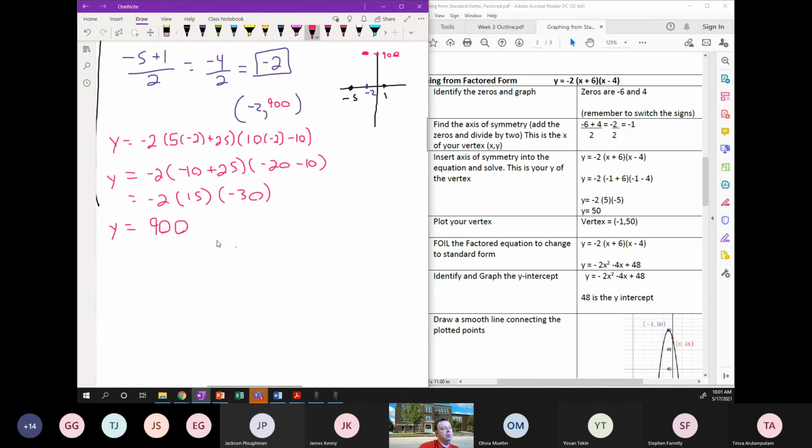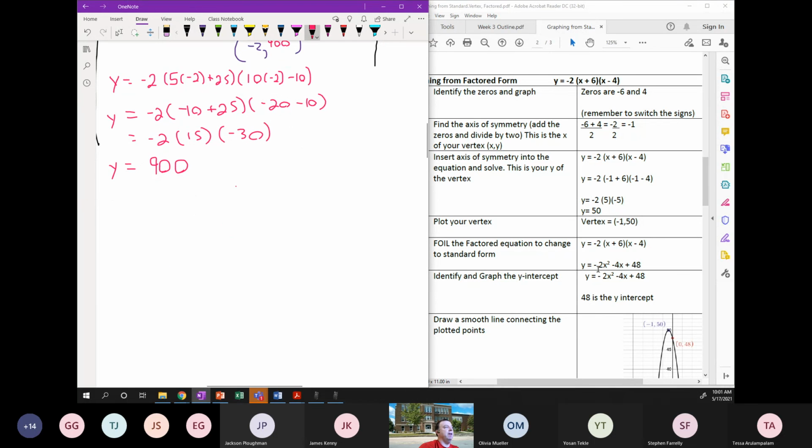Now we have to factor this bad boy. Not factor it, sorry. Expand it, FOIL it. So y equals, what's my original formula again? -2 bracket 5x plus 25 and 10x minus 10.